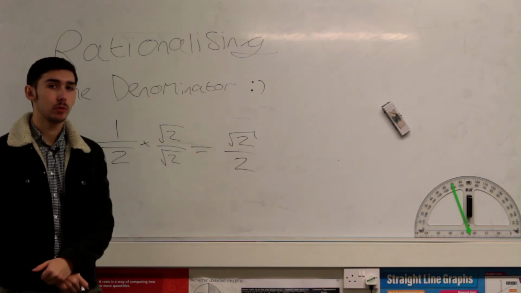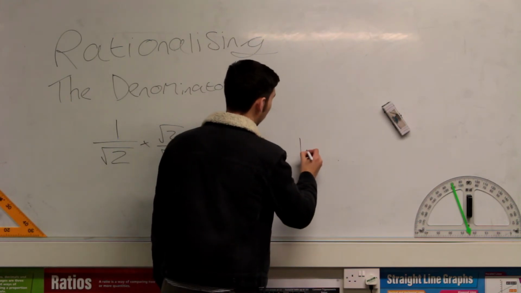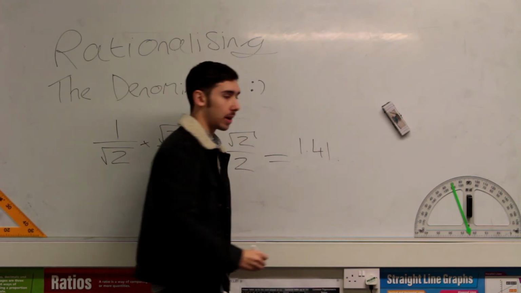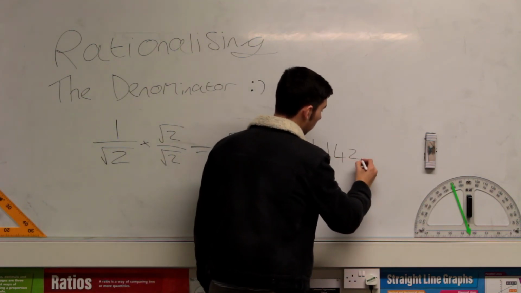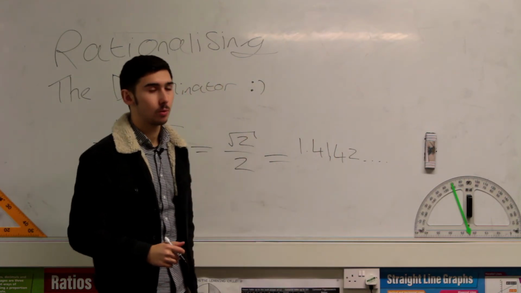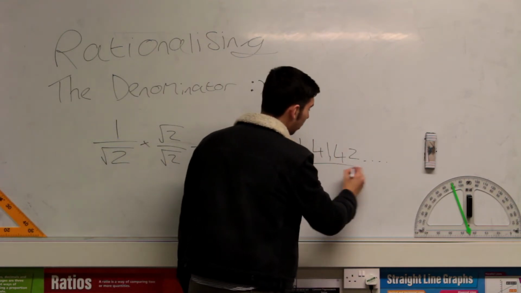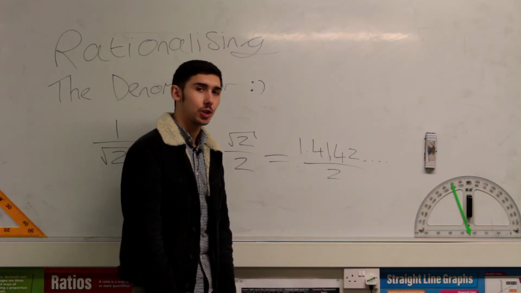If you know the value of the square root of 2, I know roughly what it is. It's about 1.41 something. I just checked what it is. 1.4142... forever. But let's keep it simple. Dividing that by 2 is not really that bad to get a good approximation.